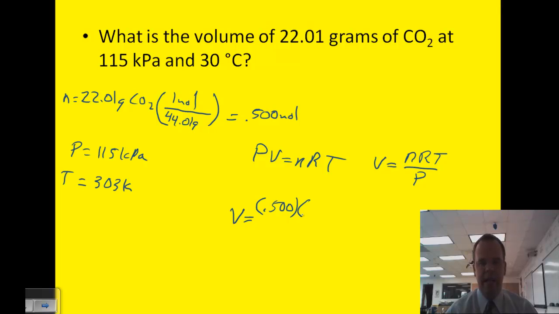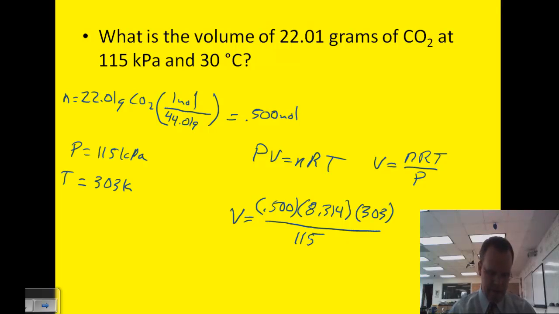I'm using pressure in this case in kilopascals, so I'll use 8.314 for my R. T is 303, and my pressure is 115. So 0.5 times 8.314 times 303 divided by 115 gives me a volume of 10.9 liters.